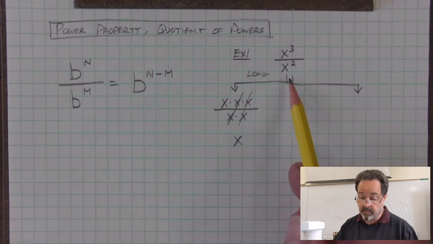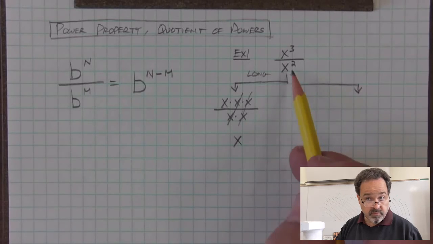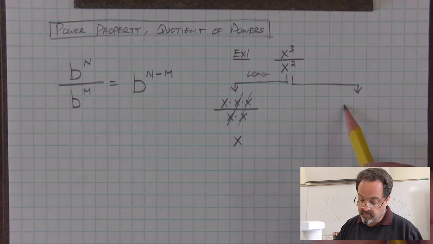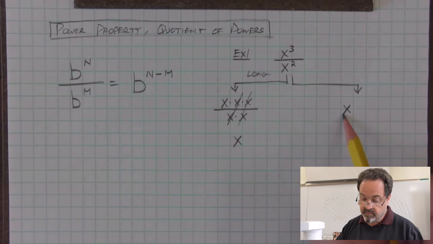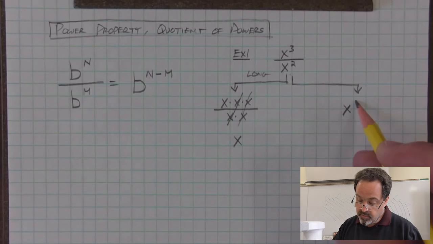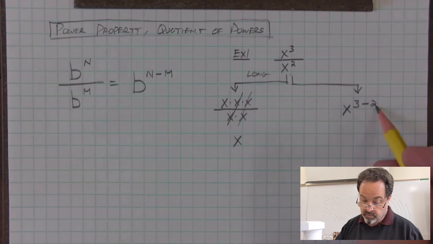Using this property here, we have a quotient of 2 powers with the same base x. So we can immediately think of this as a new power with the same base x, and the new exponent will be the exponent of the numerator, which is 3, minus the exponent of the denominator, which is 2.